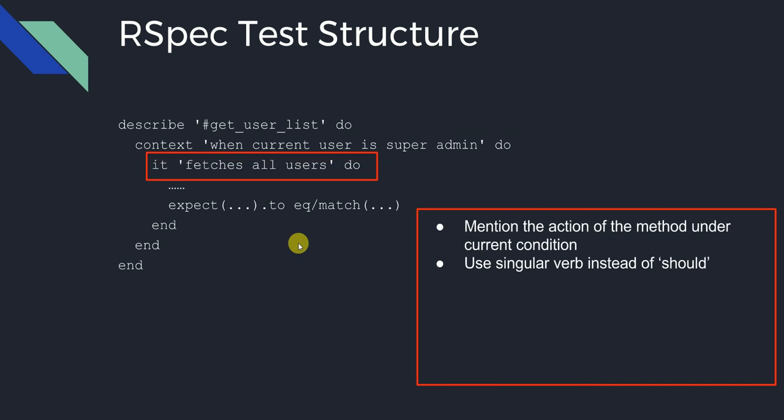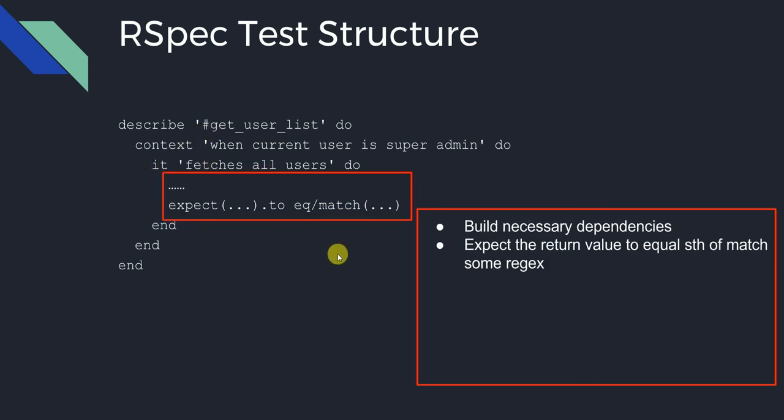And the next line mentions the action of the method under certain conditions. In this example, you want to describe this get user list method, and when the current user is super admin, it means this method will fetch all users.